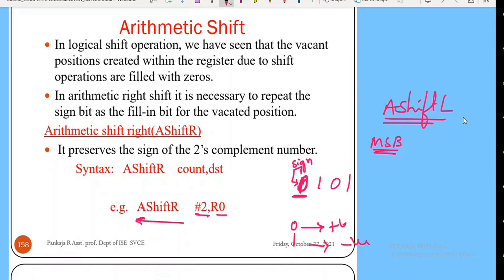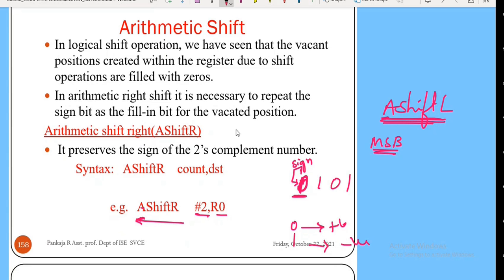Otherwise L shift L is similar to logical shift left. We are not going to use arithmetic shift left, you are going to use arithmetic shift right, when the requirement comes for retaining the sign bit.